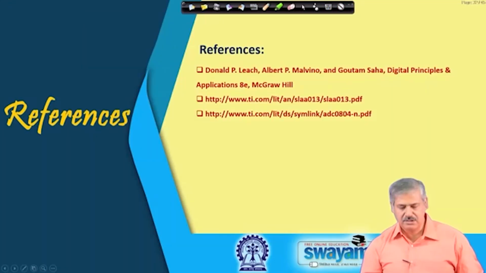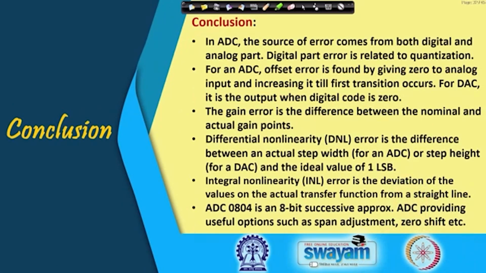With this we conclude. What we have seen is that in ADC the source of error comes from both the digital and analog part. Digital part error is related to quantization, and in ADC offset error is found by giving 0 to analog input and increasing it till the first transition occurs. For DAC, it is the output when digital code is 0.